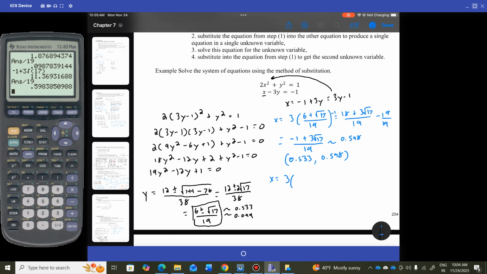3 times 6 minus square root of 17 over 19 minus 1, that'd be 18 minus 3 square root of 17 over 19 minus, I'll make that 19 over 19. So negative 1 minus 3 square root of 17 over 19.